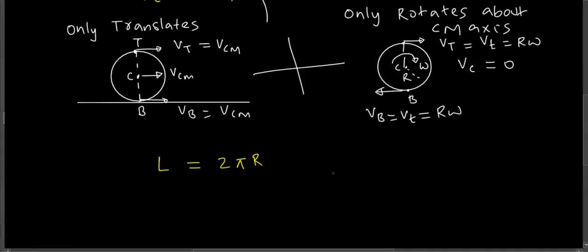Okay, so this is what I was saying. When we looked at the situation where we put purple paint on the periphery of the disc, we said the length of the paint on the road was equal to 2 pi r.